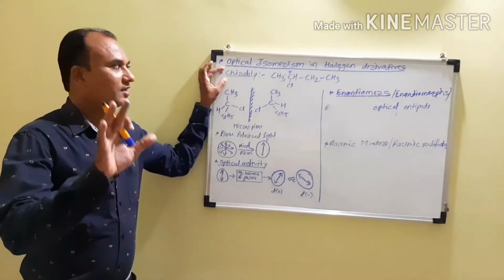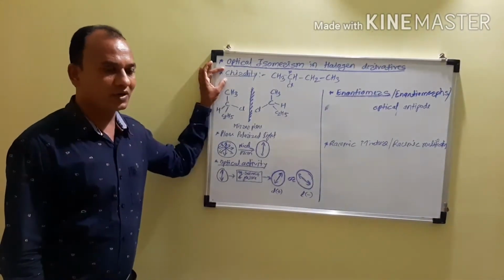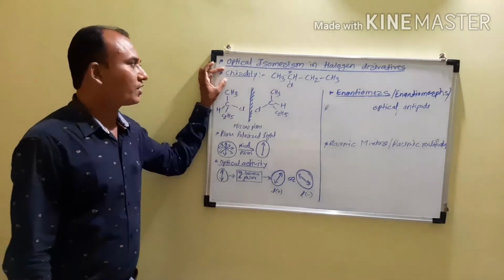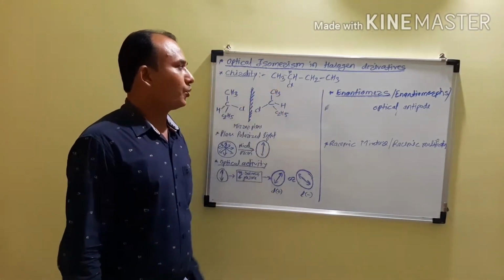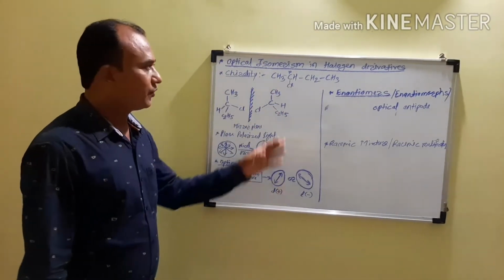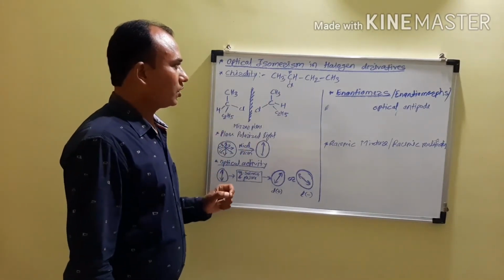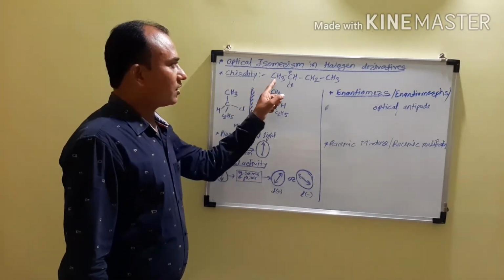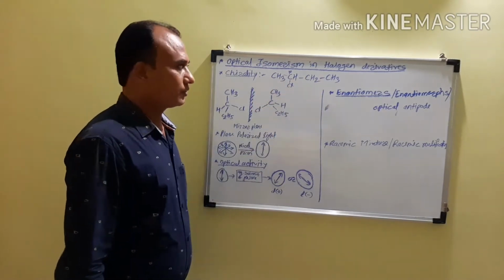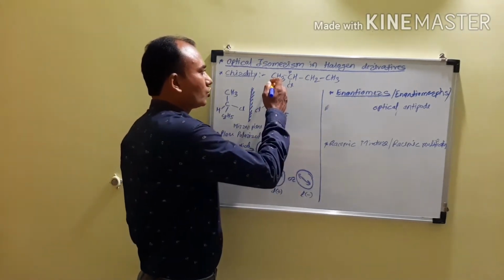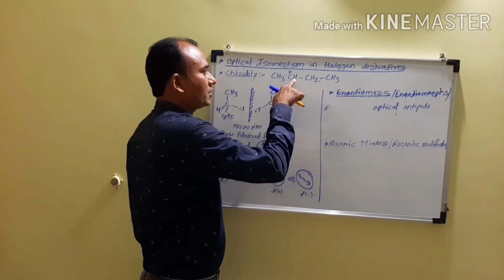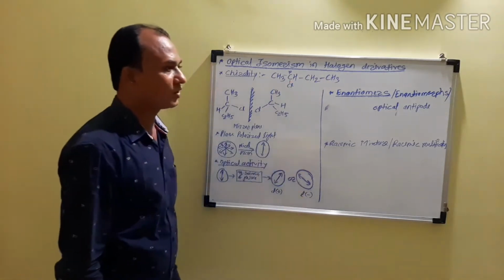Now consider a simple example to understand what chirality is. It is 2-chlorobutane. If you observe, there are 4 carbon atoms, of which 2 are terminal carbon atoms and 2 are middle.